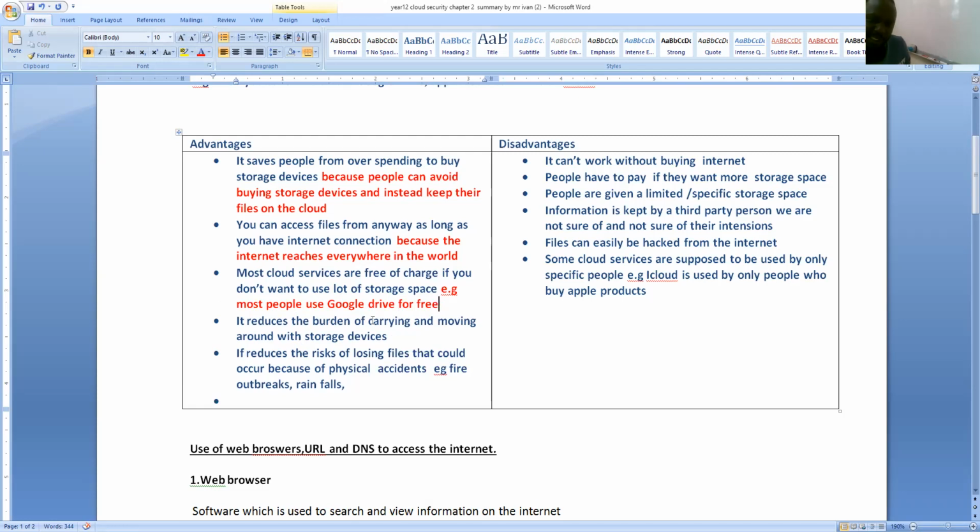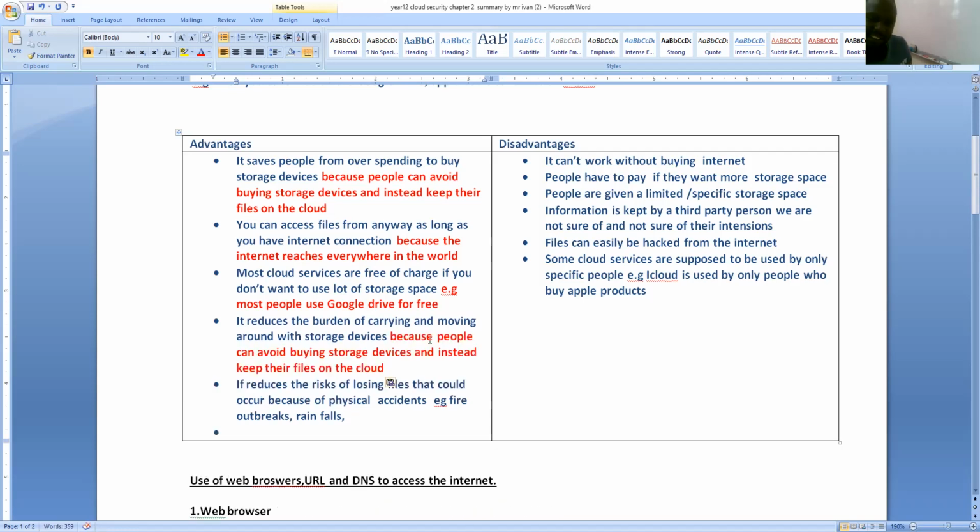Then it reduces the burden of carrying and moving around with storage devices. This means that people don't have to carry storage devices since they can get their files from the internet.